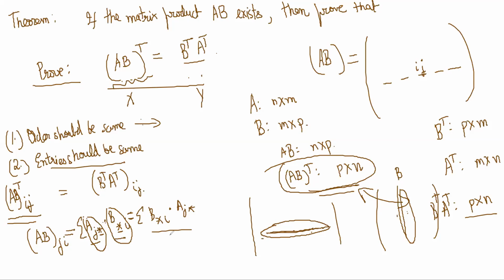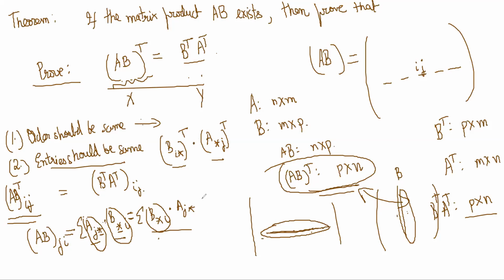So isn't that the same as the transpose of B star i, and this is the transpose of A j star?